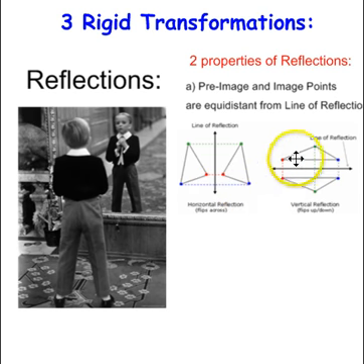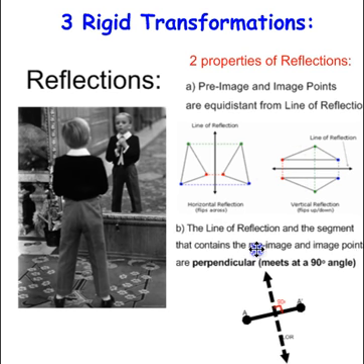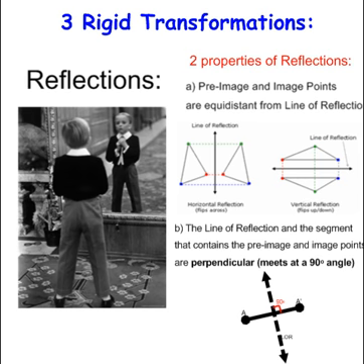Same deal here, just a vertical representation. The second property is that the line of reflection and the segment that contains the pre-image and image points are perpendicular to each other, which means that they meet at a 90-degree angle. So for geometric notation, pre-image points use capital letters.